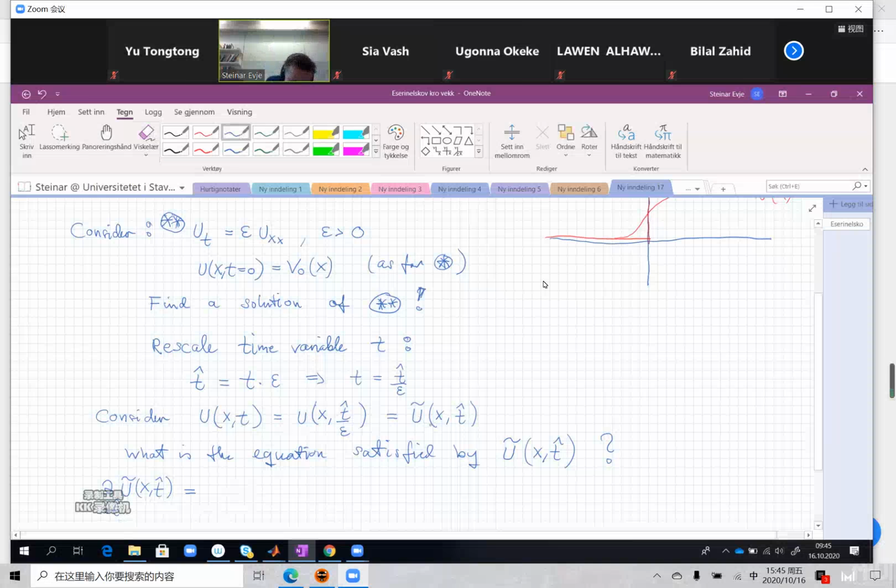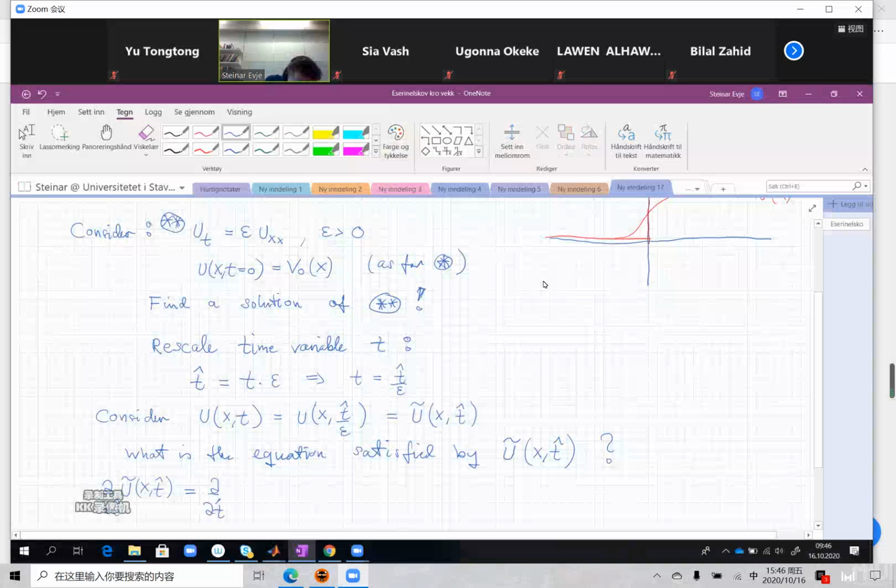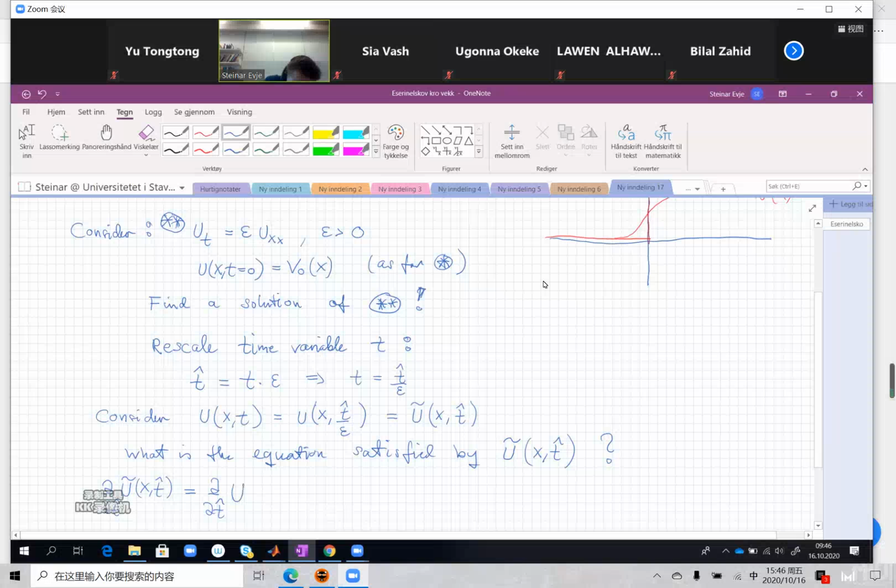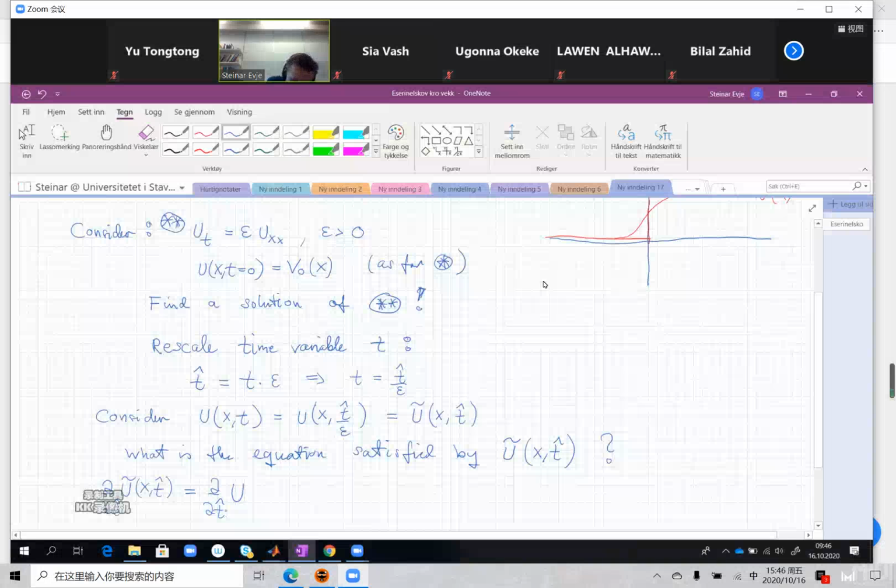So we first start with the time derivative of u tilde, but then clearly, according to this equation, that is the same as the derivative of t hat with respect to u. But we see that u involves not t hat, but t.